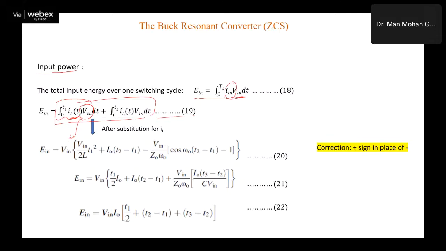All the expressions for IL are with us. So by putting those expressions and doing the integration, we can find this expression. The energy input from the source depends upon these different times. This is T1, which is basically T1 minus 0. So del T1, del T2, and del T3, all these expressions we have obtained.